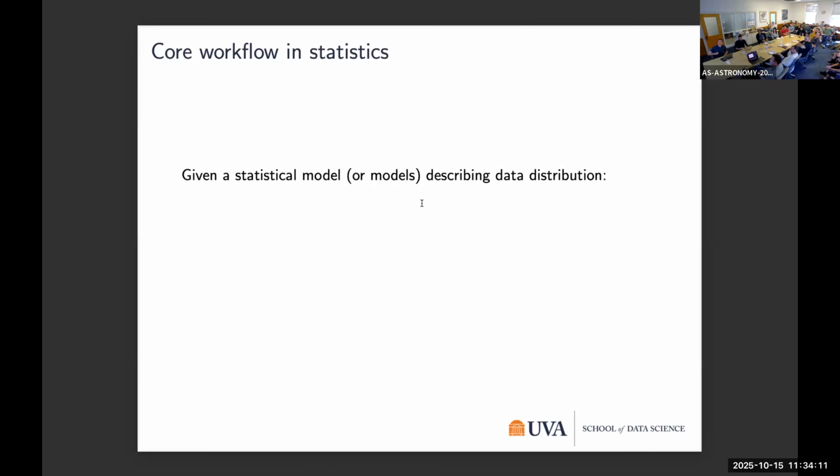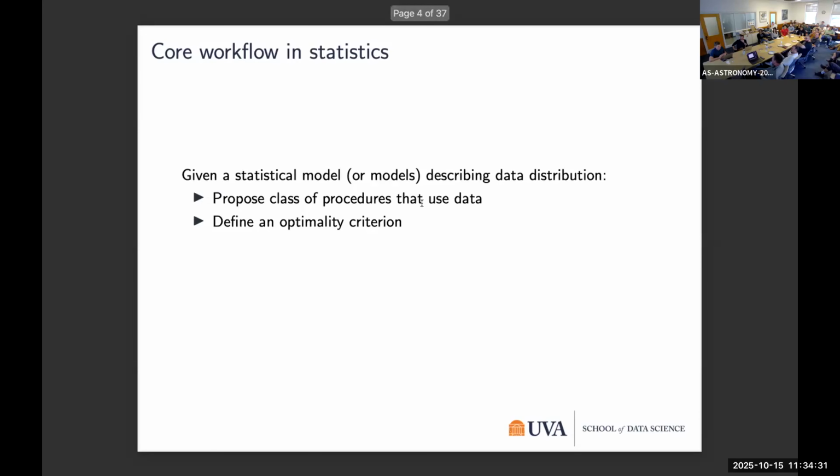Let me start by talking about a core workflow in statistics. This is what statisticians often think about. One posits a statistical model or some set of models that describe data that you might see. You propose a class of procedures that use this data because you want to get at some underlying quantity. You define some optimality criterion by which you can assess your different procedures.